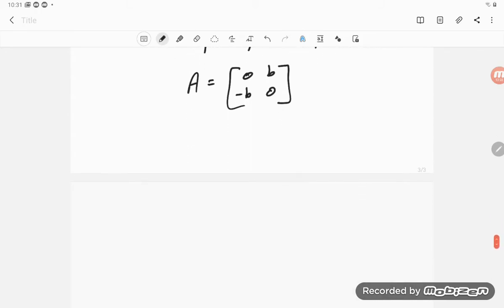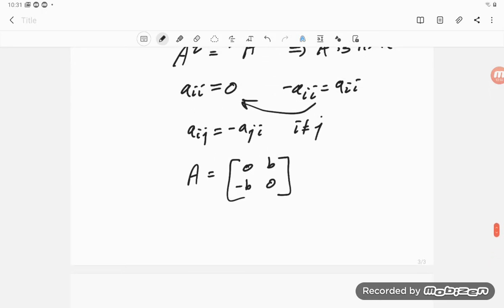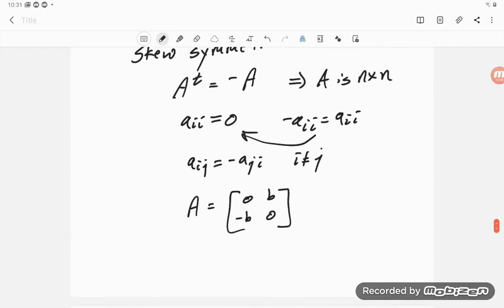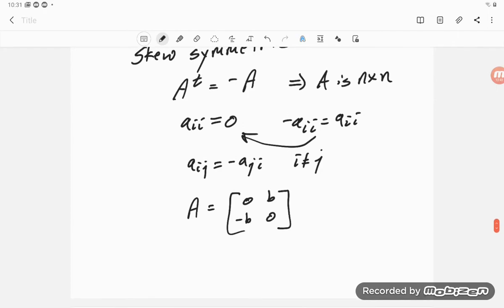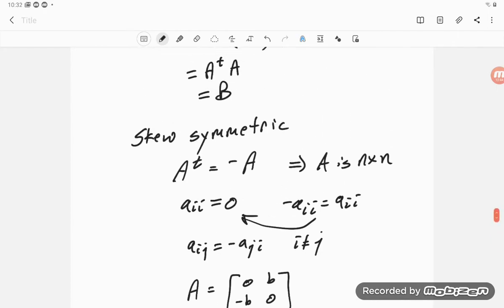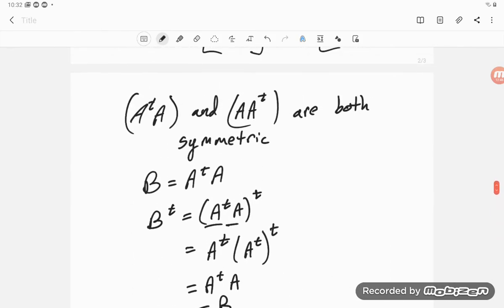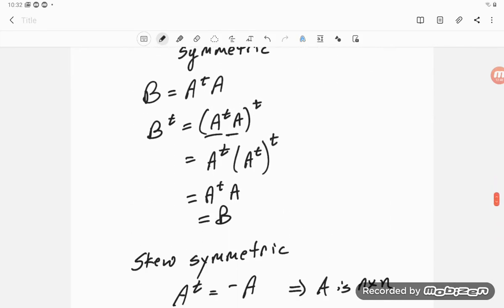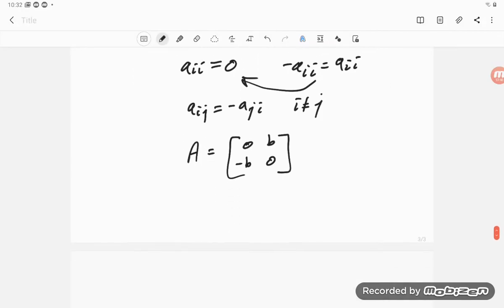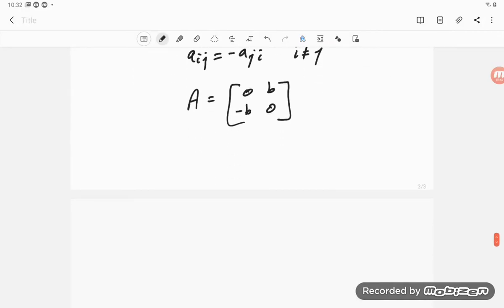Now, what happens if I take a skew symmetric matrix and do its transpose? Back here I said for any matrix, if I take A transpose A, that new matrix is symmetric, not skew symmetric. So suppose A is skew symmetric. Let's see what happens when we do that.